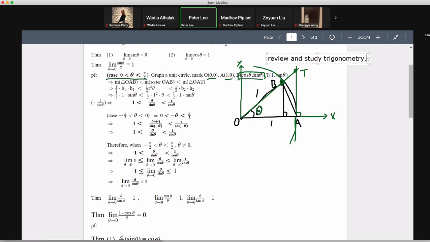Again, when I ask you to review and study trigonometry, it is not just the formulas, but you need to know the definition of sine and cosine and how sine theta and cosine theta are defined, and such things as the arc and sector area formulas. They're very, very basic things and definitions, you have to know them, all right?